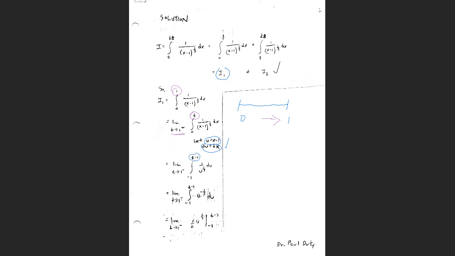And the x limit of 0 becomes negative 1, because u equals x minus 1 and 0 minus 1 equals negative 1. And then 1 over u to the 1/3 is u to the negative 1/3. So that gets us down to this step here. Please let me know if you have any questions.